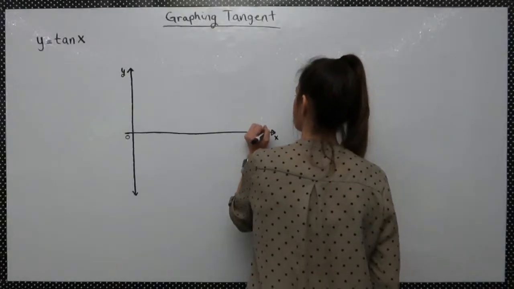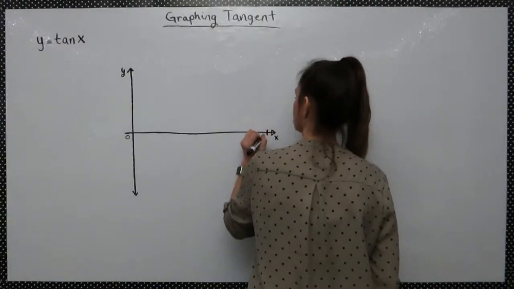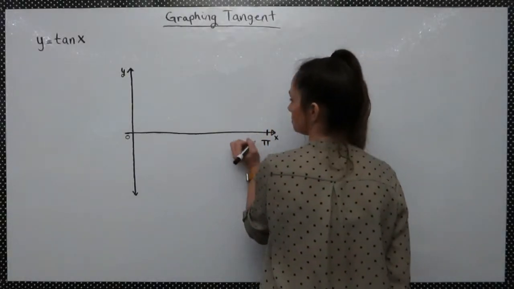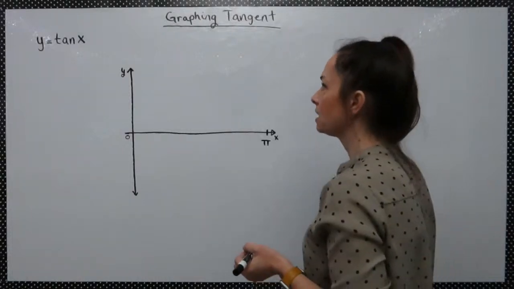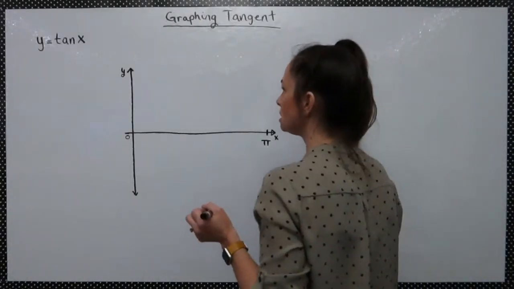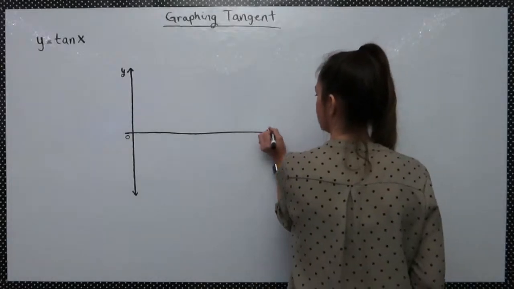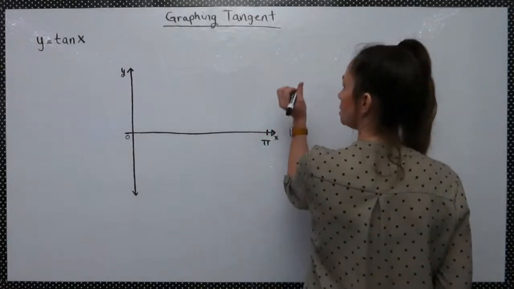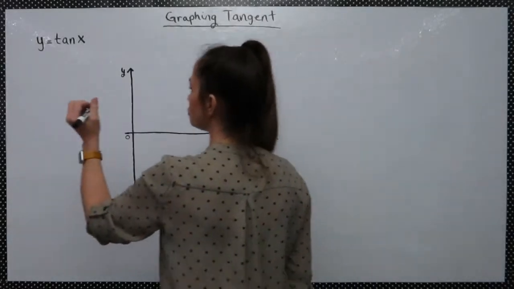And so what we're going to do is go ahead and go out to pi here from 0. Okay. And then we're going to have a lot more values, because since tangent is so much different, we're actually going to use both of those triangles.